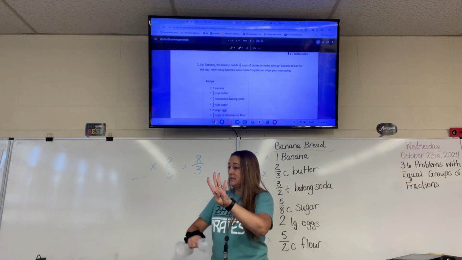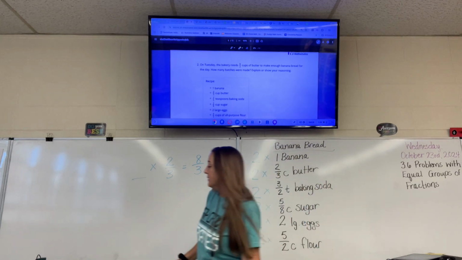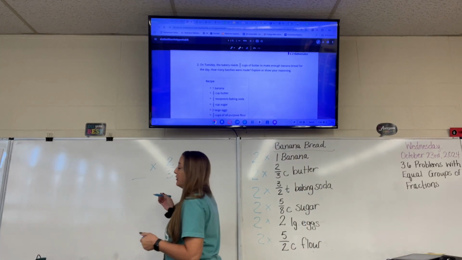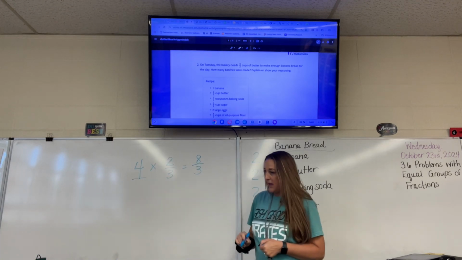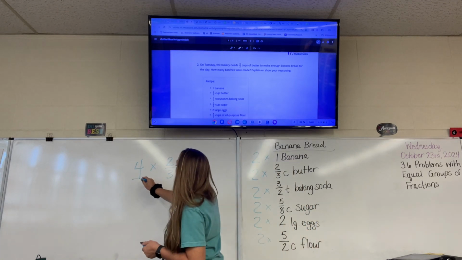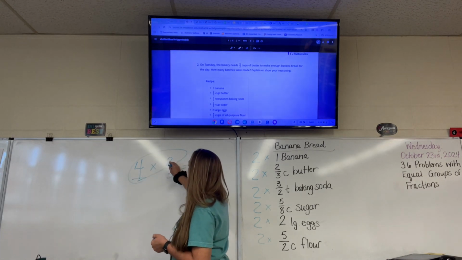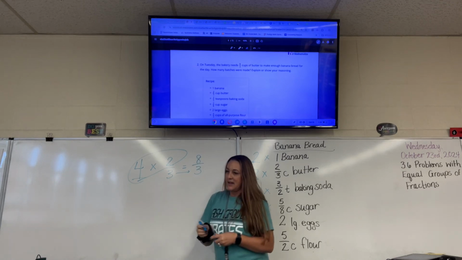Does that make sense? So the whole number that we're multiplying by to use up 8/3, Macy, focus up here, is 4 batches, okay? And then the little trick that I taught you, 4 times 2 is 8, and the denominator stays the same.